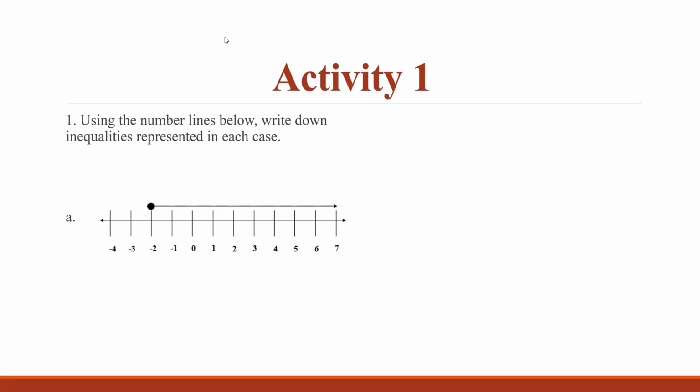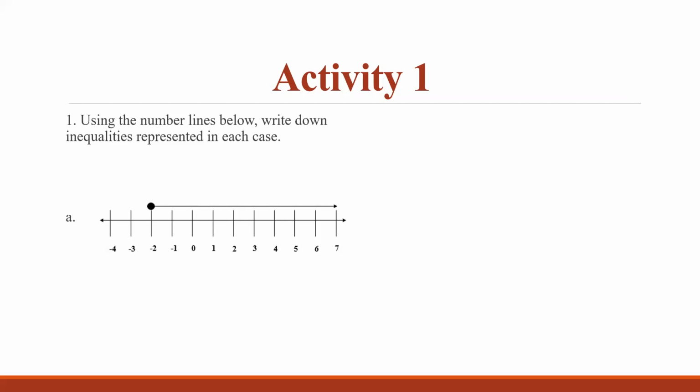There is another answer in the chat here. Benjamin is telling us some answer here. Let him unmute and mention it. Benjamin, unmute yourself. X is greater than or equal to -2. Yes, thanks very much, Benjamin.